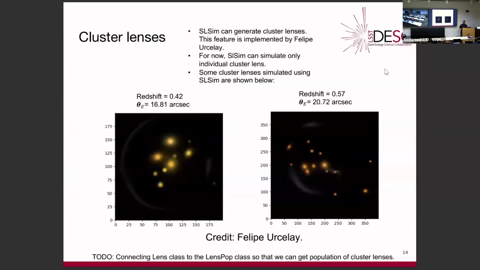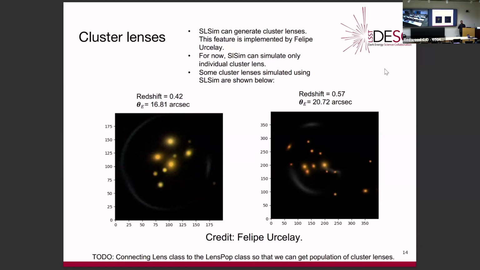The fourth kind of lens that we can simulate using SLSim is the cluster lens. This is implemented by Philippe Worsley. For now, we can only simulate individual cluster lenses in SLSim, meaning we cannot simulate a population of cluster lenses.